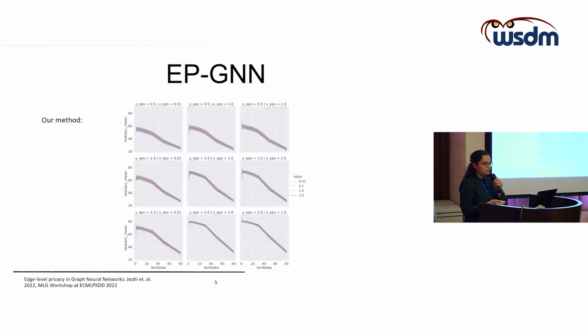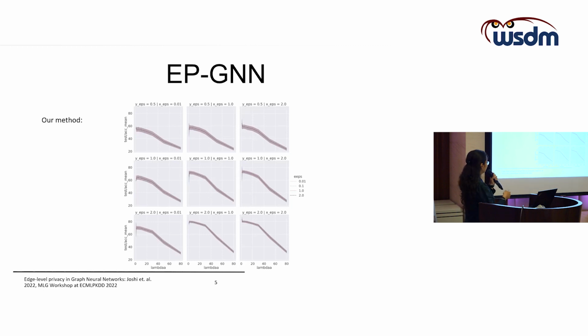What we found was, as we expect, as we increase the value of lambda, more and more noise is added to the neighborhood, and that leads to a drop in accuracy. We should also note that it adds privacy to the data of the user. So there is always a trade-off between privacy and accuracy, and we see the results as expected. So this was about the privacy part.